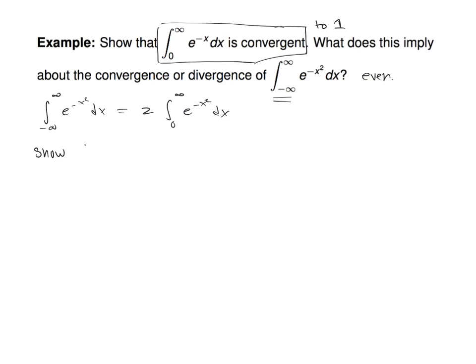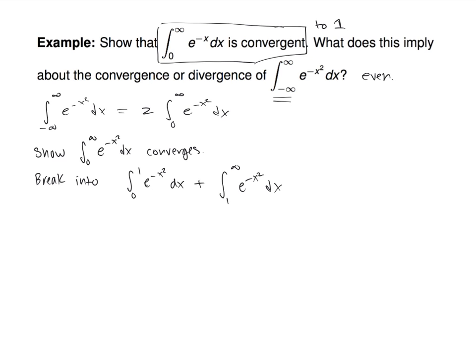So we're going to show the integral from 0 to infinity, e to the negative x squared dx converges. And here's how. Break into the integral from 0 to 1, e to the negative x squared dx, plus the integral from 1 to infinity, e to the negative x squared dx.